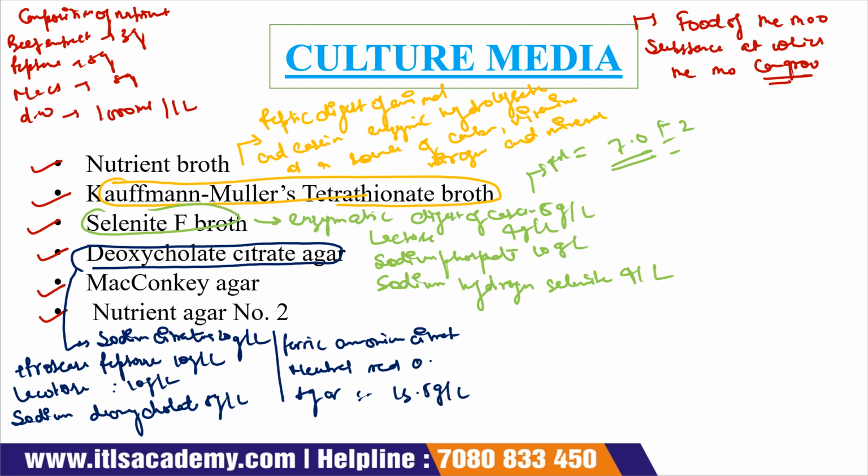Neutral red is around 0.02 gram per liter, and ferric ammonium citrate will be 2 gram per liter, and the final pH of that will be around 7. Okay, this is about the deoxycholate citrate agar. Now the next is your MacConkey agar.